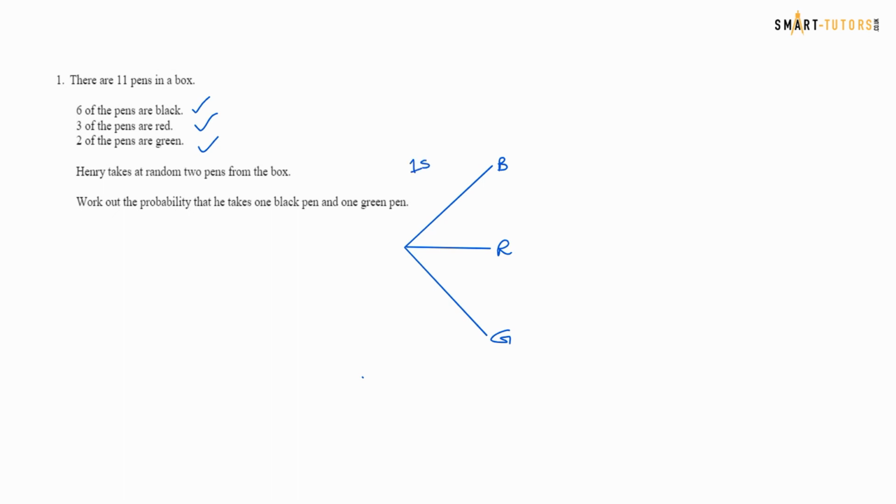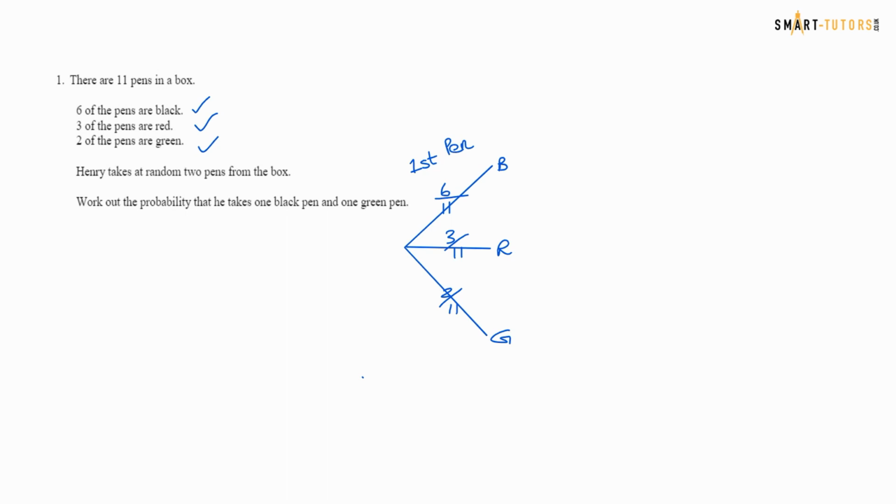The first pen can be black, can be red and can be green. So 6 out of 11 are black, 3 out of 11 are red, 2 out of 11 are green. So these are the 3 sections.